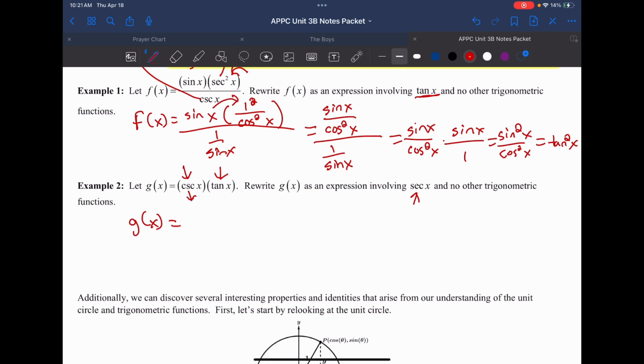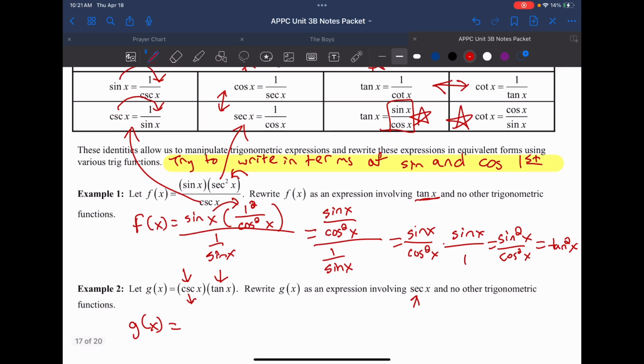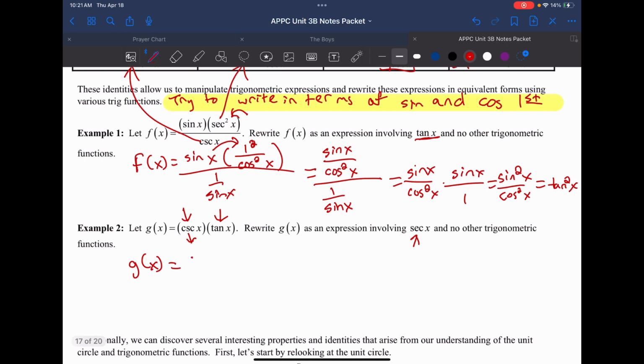Cosecant, looking back up at our chart, is 1 over sine, so I've got 1 over sine x times tan x, which is sine x over cosine x. If I multiply these two fractions across, I get sine x over cosine x.